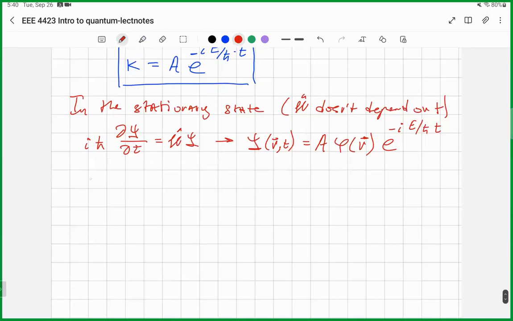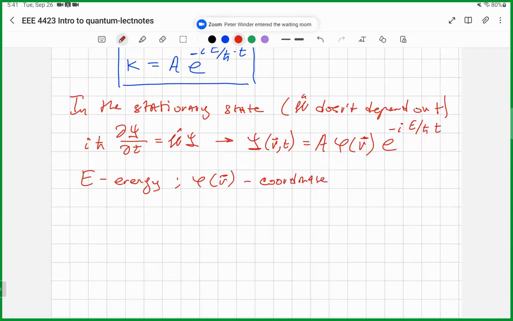Okay, and here E is the energy. Phi of r is the coordinate part of the psi function.